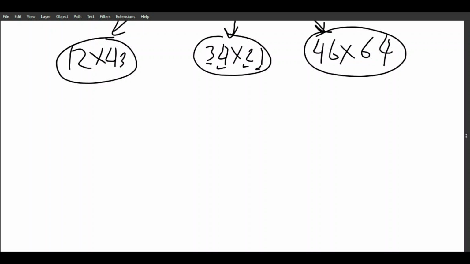So again we get 3 subproblems. The first subproblem is multiply the high parts, 3 multiplied by 2. The second problem is multiply the low parts, 4 multiplied by 1.